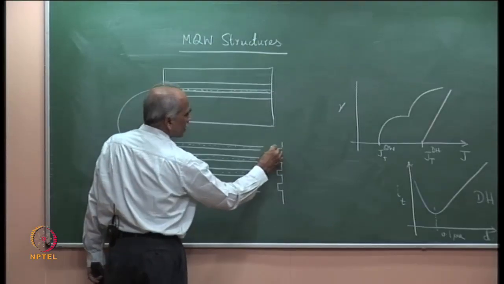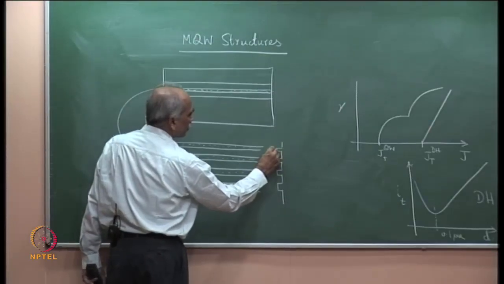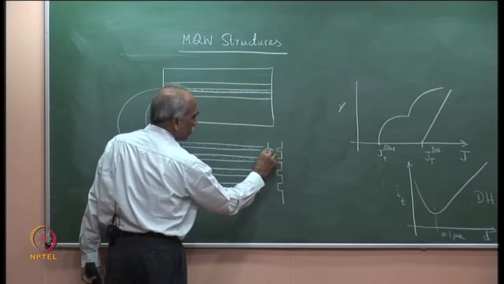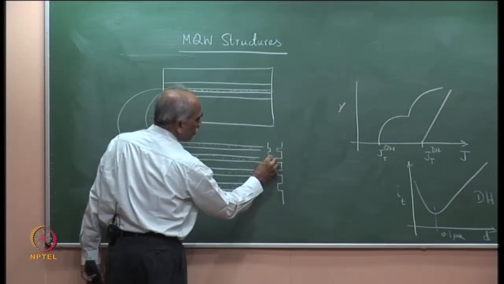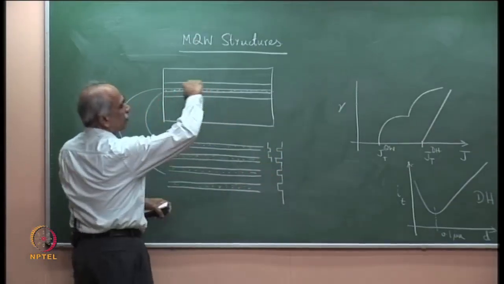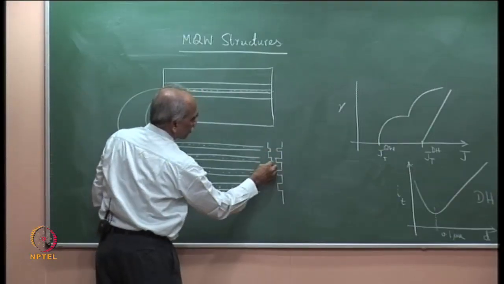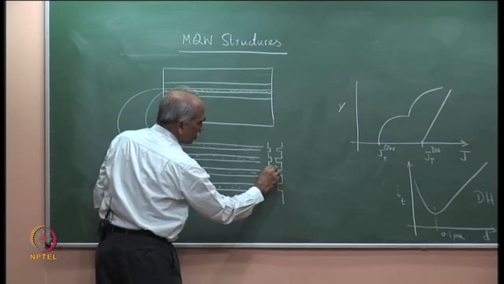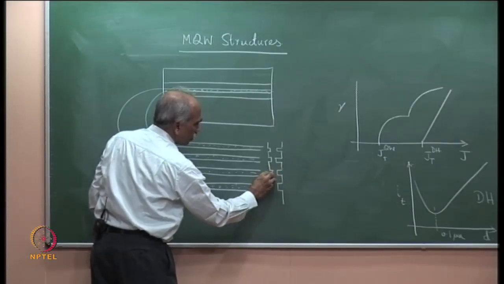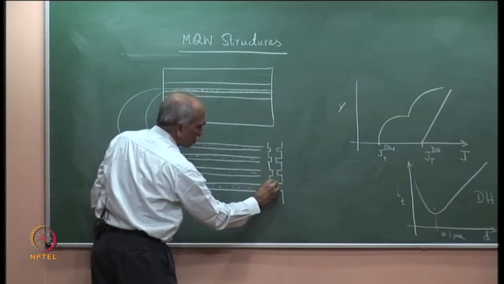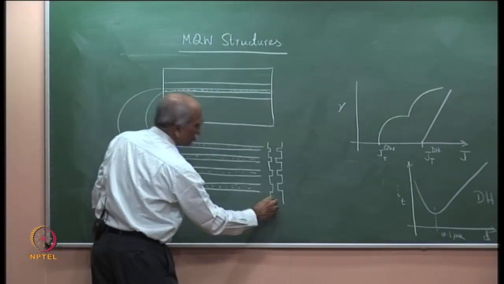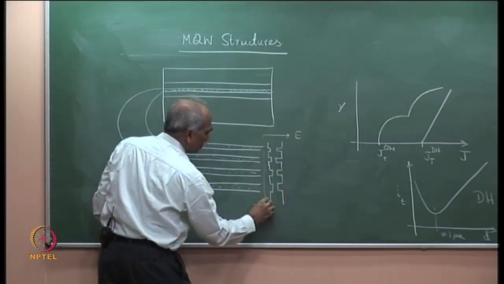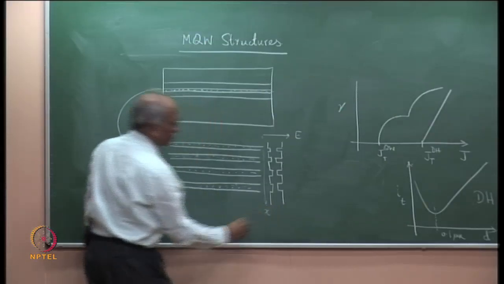So, this is for the valence band, and exactly similarly for the conduction band, and this is for the valence band. I hope you appreciate that I have just rotated that energy band diagram. So, this is Eg, this is E versus depth, x or d, whatever.